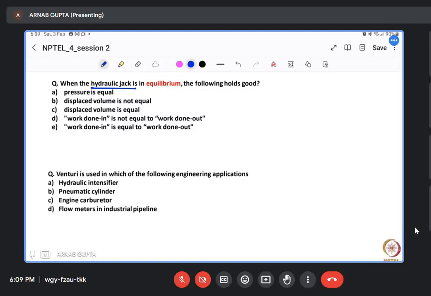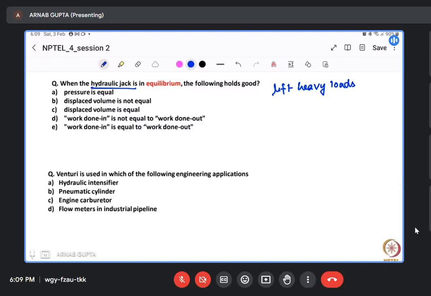Anyone? What is the purpose? It is used to lift heavy loads, and it has a wide range of applications in different industrial sectors.